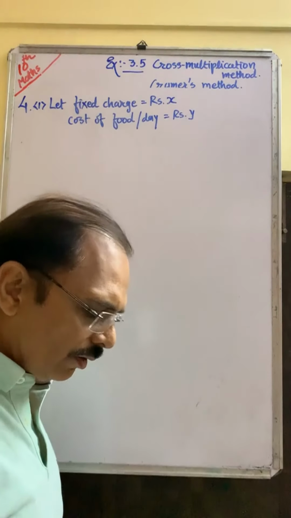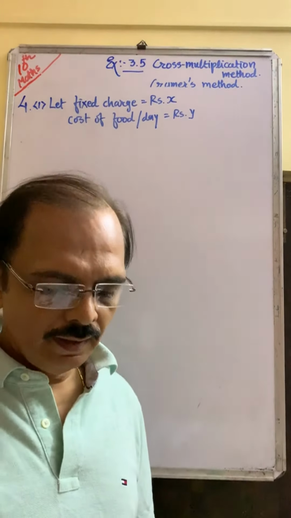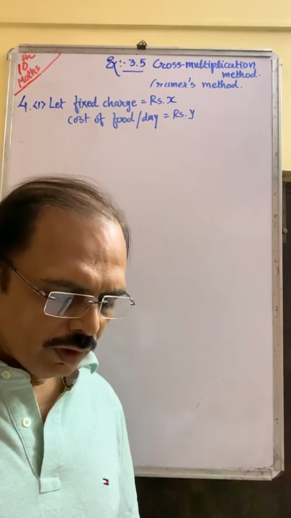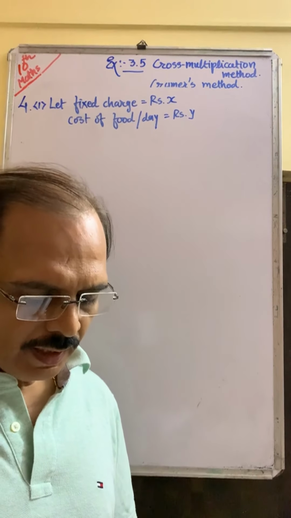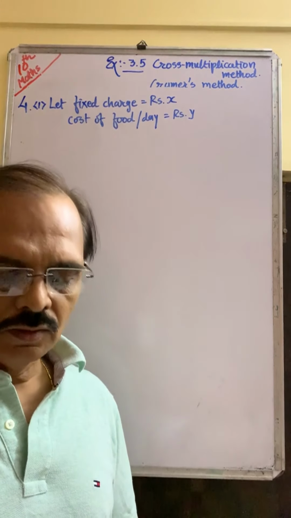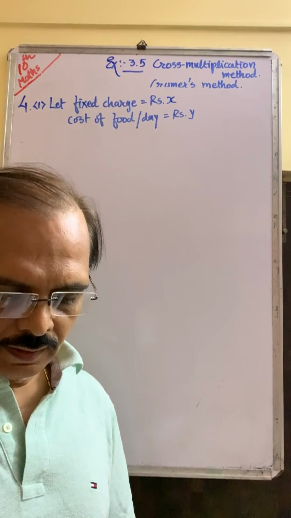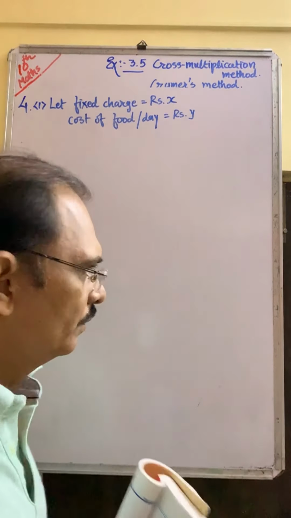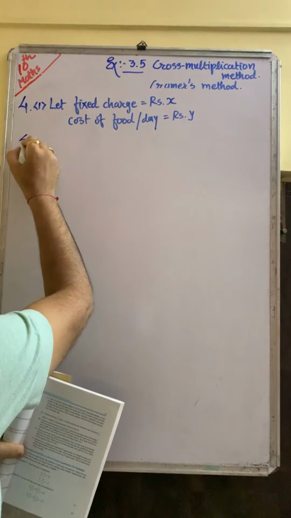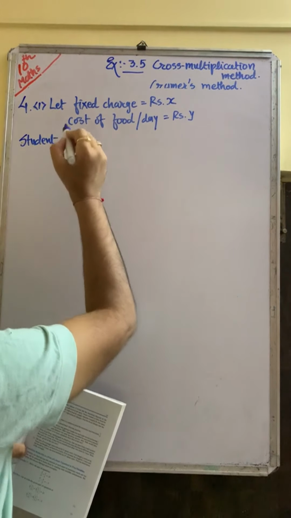Okay, now the statement: when a student A takes food for 20 days, she has to pay rupees 1000 as hostel charges. So for student A, the equation is what?